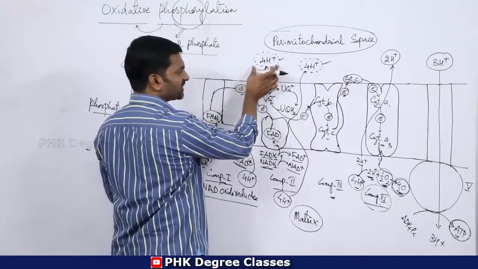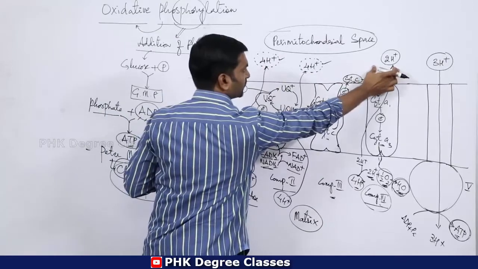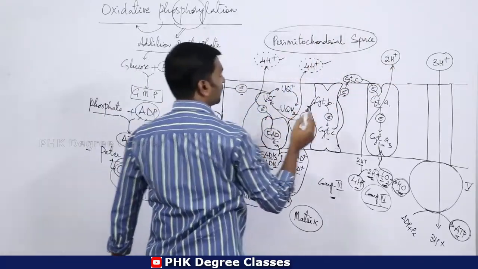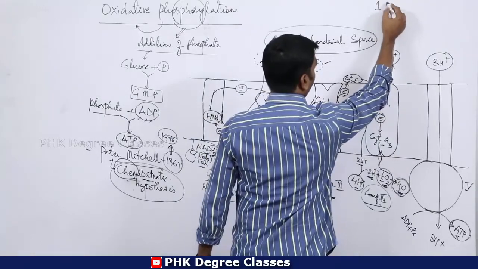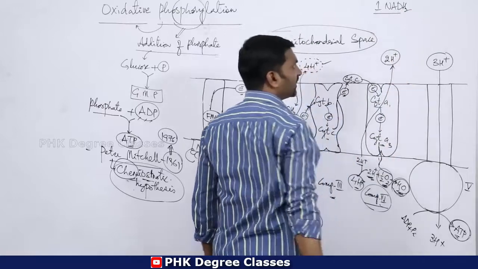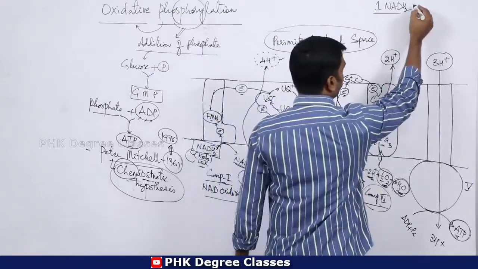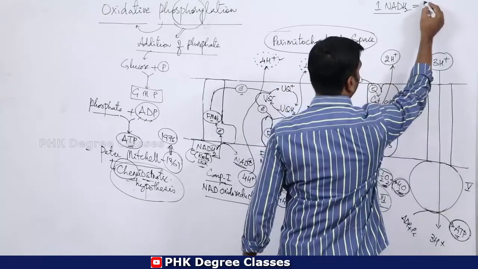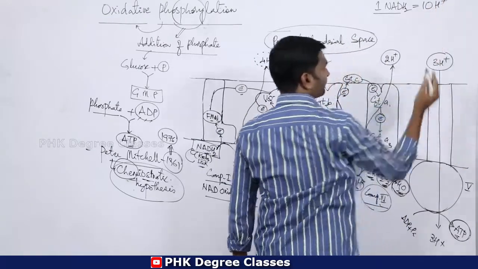Just calculate. So 4 plus 2. I'll write here: 1 NADH2 of Krebs cycle and link reaction is equivalent to 4 plus 2 protons, meaning 10 protons.